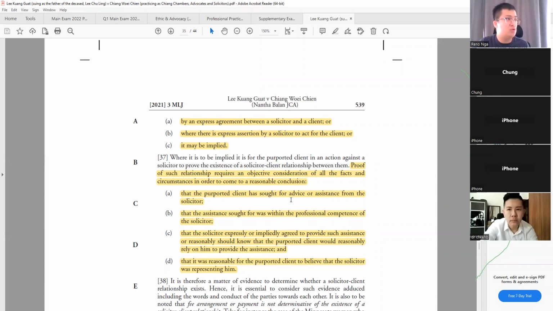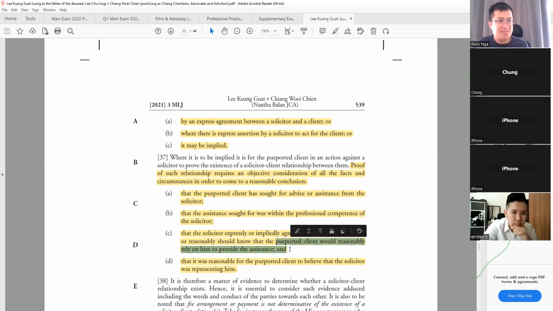Number 2, the assistance sought was within the professional competence of the solicitor. So if Dr. Chi calls me to talk about girls, to say which girl is very pretty, then that is not my profession. Number 3, the solicitor expressly or impliedly agreed to provide such assistance, or reasonably should know that the client would reasonably rely on him to provide the assistance.